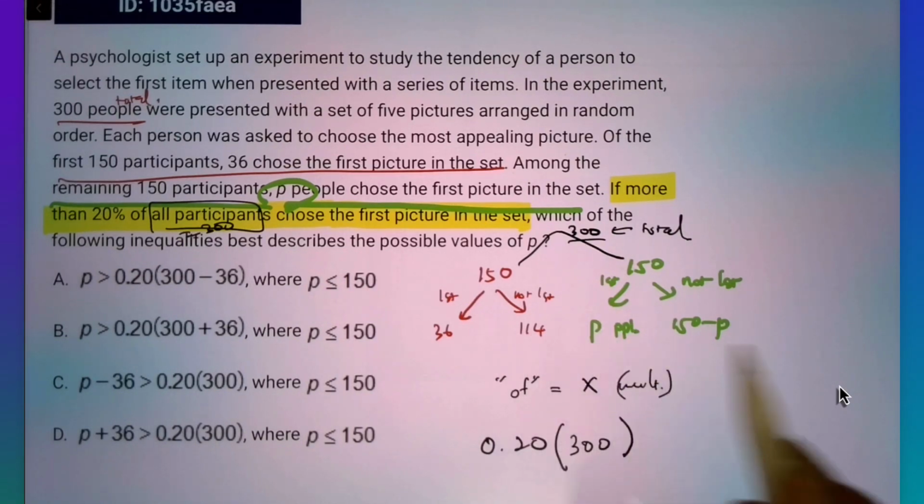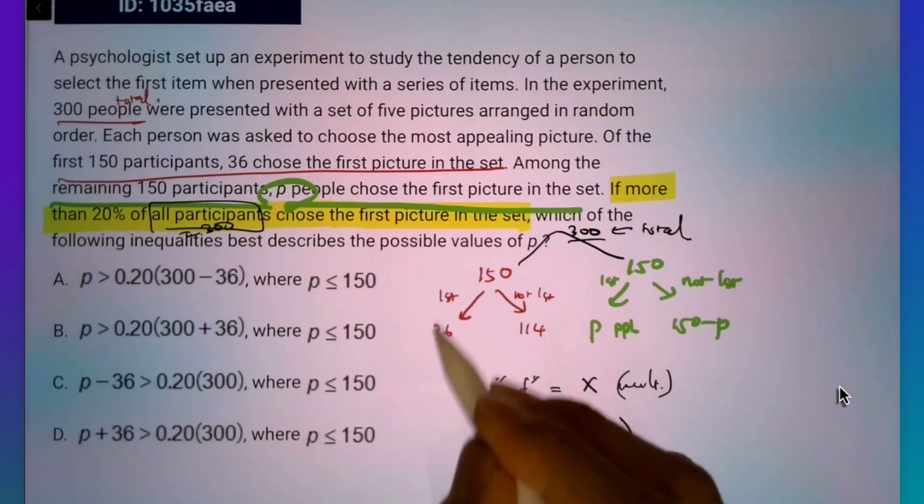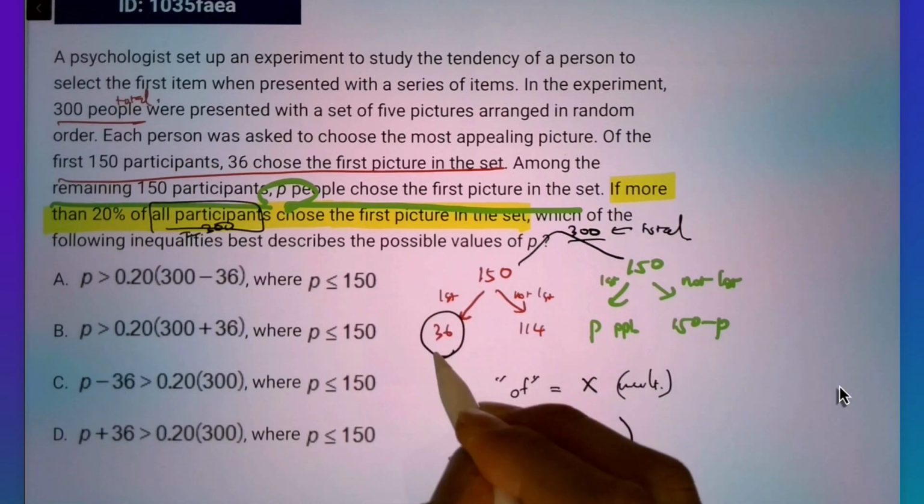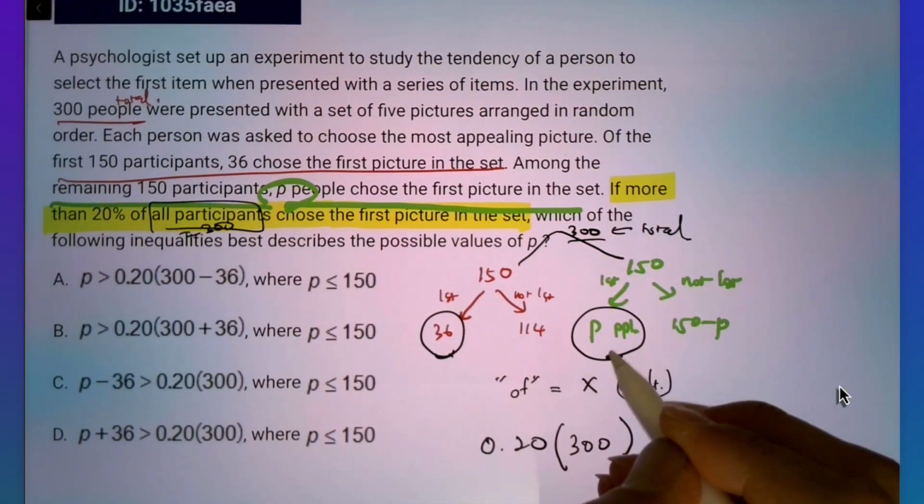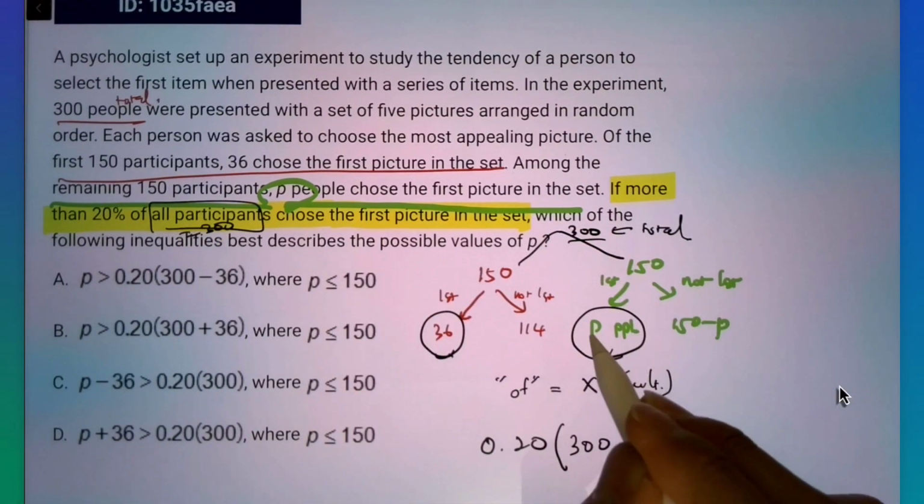So there is the first group of people who chose, 36, and the second set, P people.